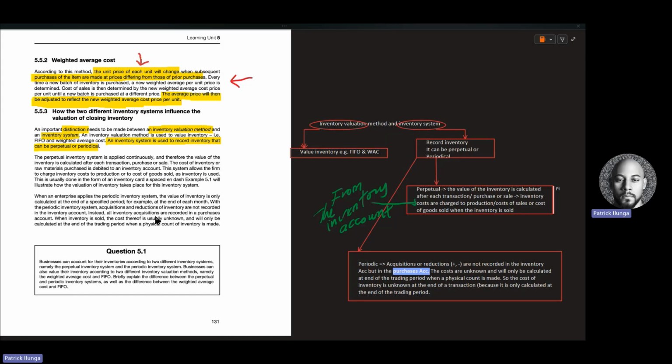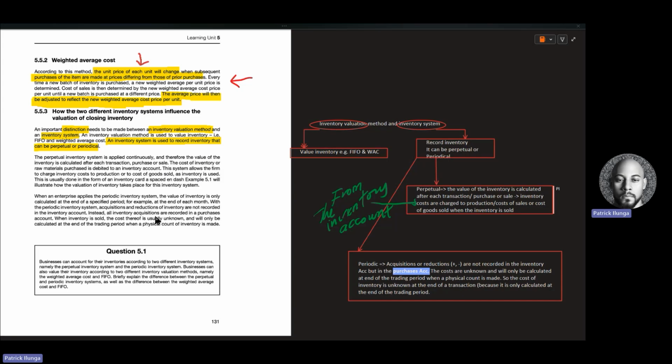So something will be happening there when a sale has gone through, but before that, all transactions for the perpetual system will be recorded in an inventory account. And you know where your inventory account sits: on your balance sheet, under your current assets. So two different things.